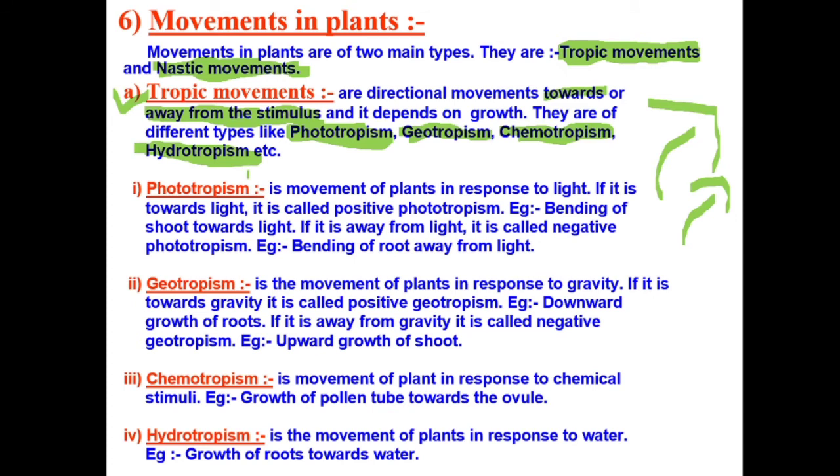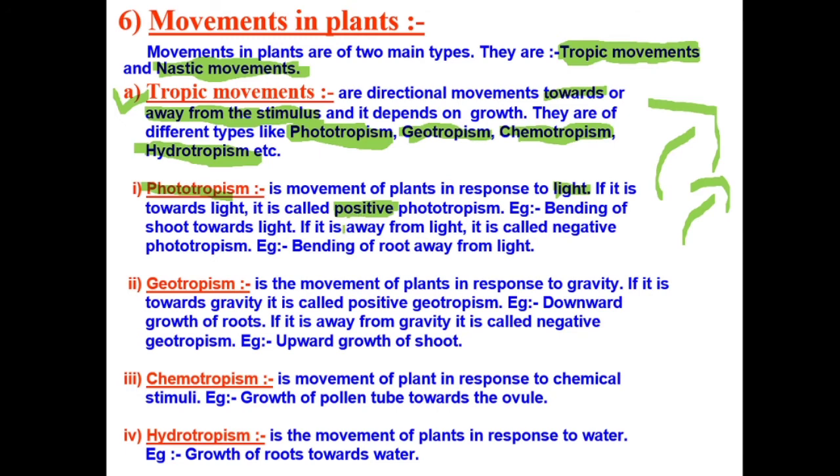Okay. Phototropism, let's see, is the movement of plant in response to light. We said the light, photo means light. If it is towards light, it is called positive phototropism. Okay, this is very much important, that you have to understand what is positive and negative tropism.